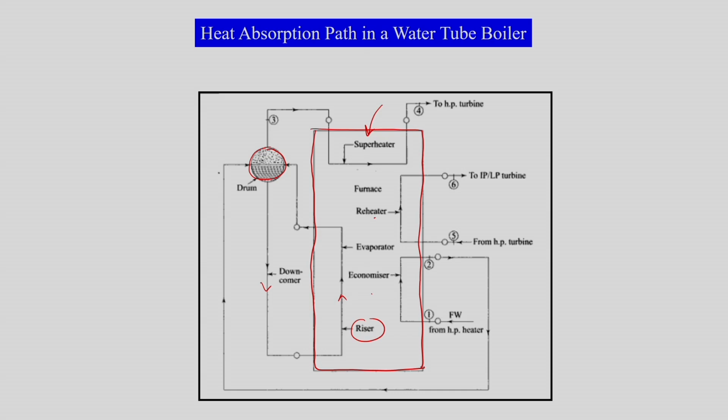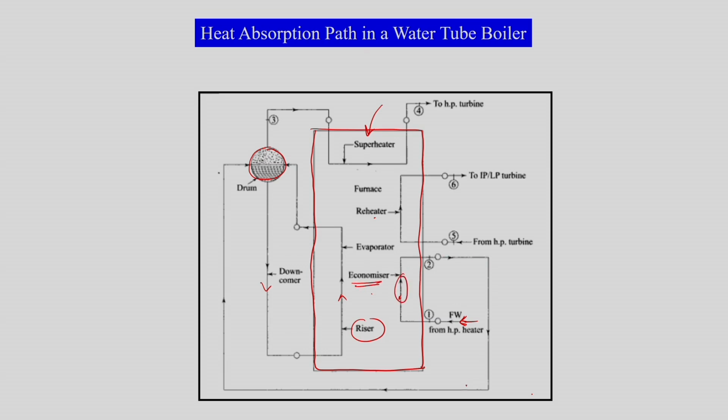Preferably such an arrangement is possible to have more efficient heat transfer, where we will have the drum outside the furnace or outside the heat transfer zone, where flue gases are coming. They are heating the superheater, and they are heating the water which is supplied from the feed water heater. So the feed water heater which is at high pressure will supply water over here, and then this section is the economizer.